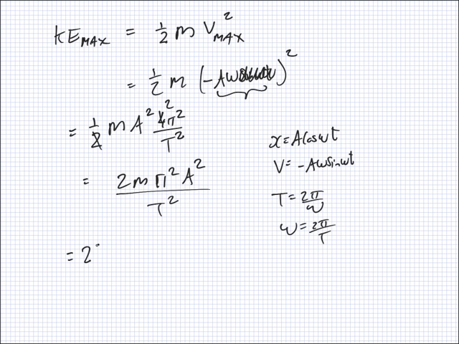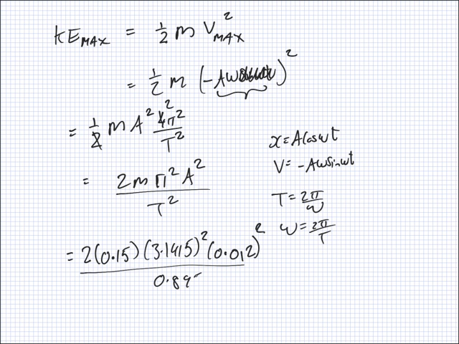So do we know the m? We do. It's 0.15. The pi, of course, is 3.1415 squared. The amplitude is 0.012 squared. And the time is 0.895 squared.